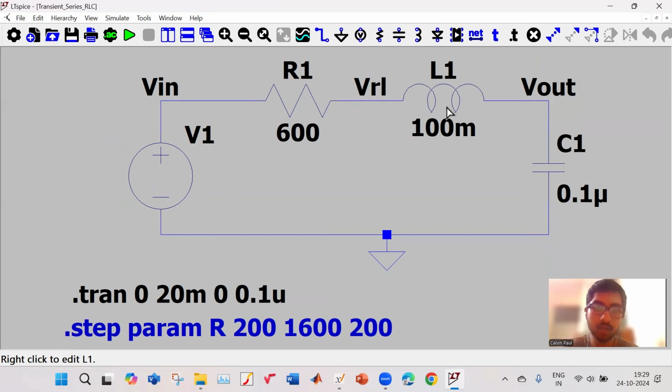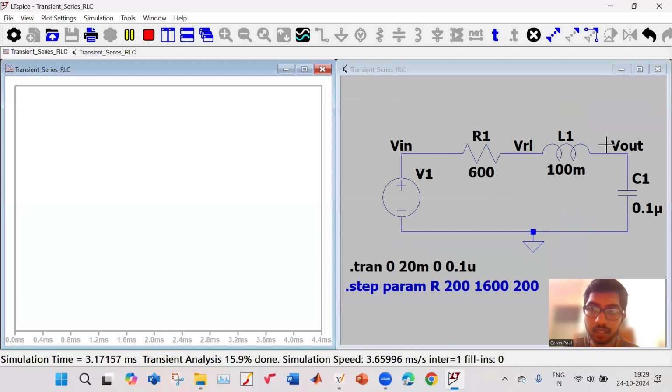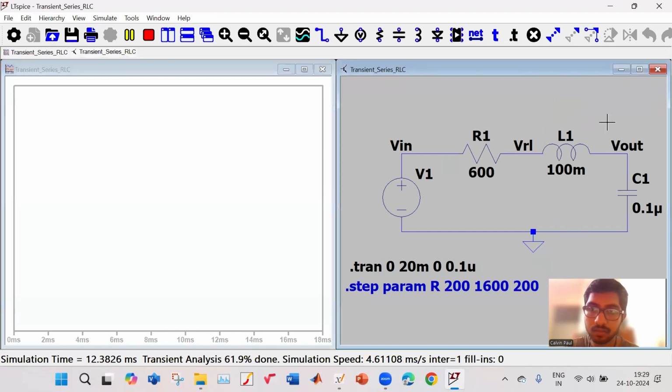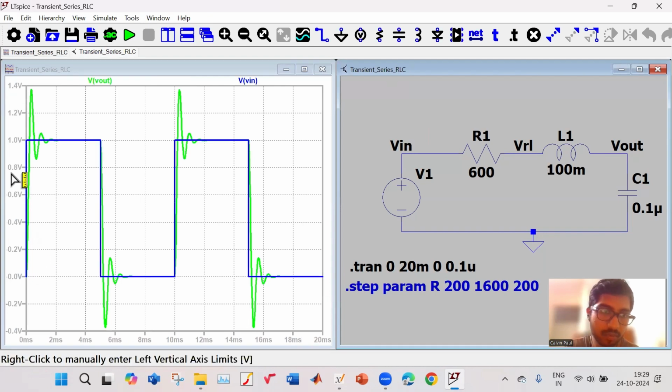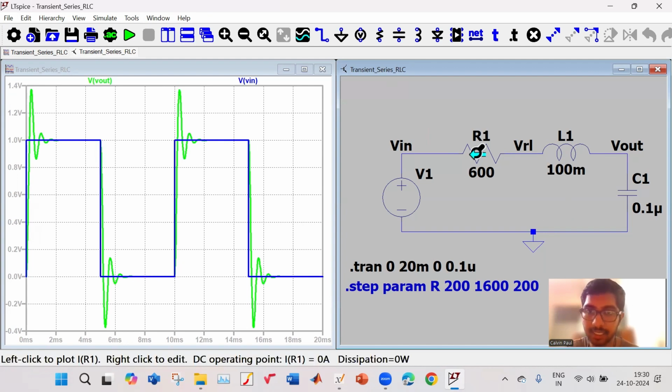Okay, so now let me run the response. So this is how my input is changing. My input is changing from 0 to 1 and back from 1 to 0. And this is how my output is changing. So you can clearly see that it is underdamped.